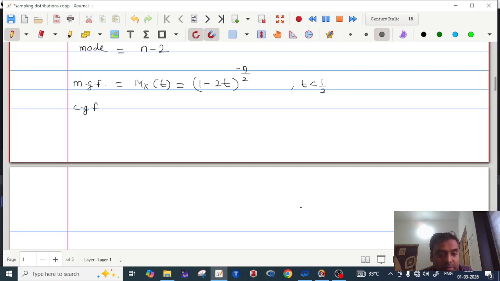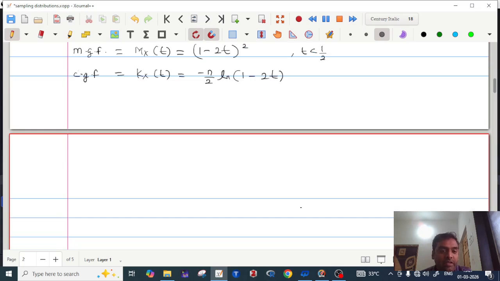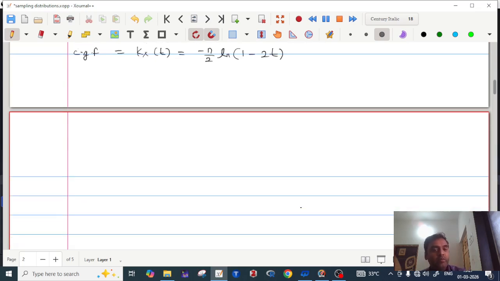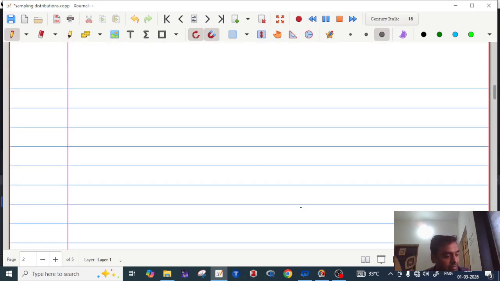CGF is K x of t, which is nothing but the log of this M x of t, which is nothing but minus n by 2 log of 1 minus 2t. So by expanding this CGF, we will get the cumulants. With the help of cumulants, you can obtain central moments and you can find out the gamma 1 and gamma 2.